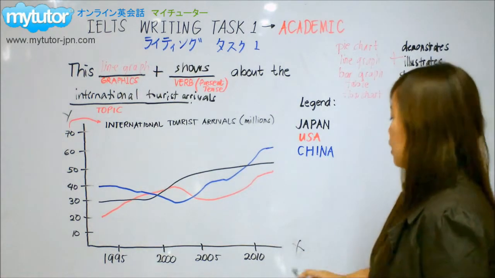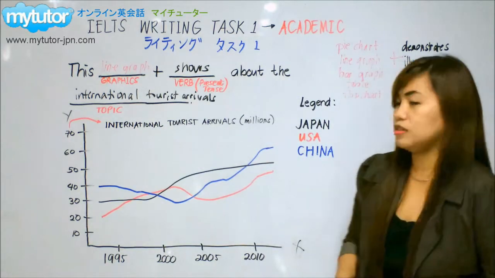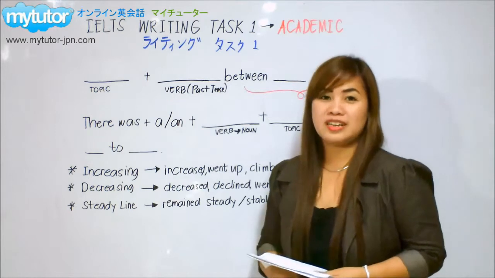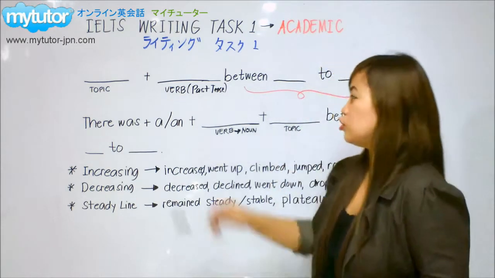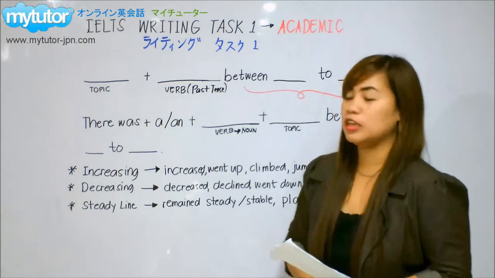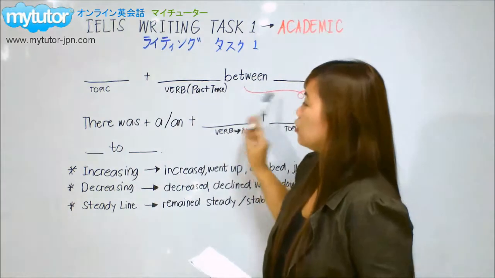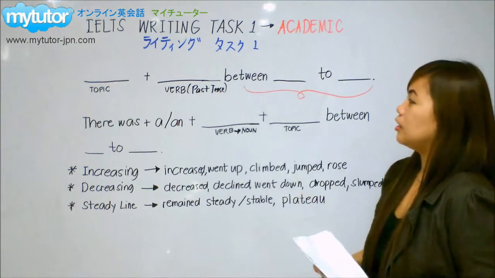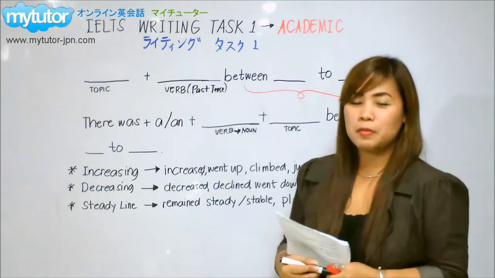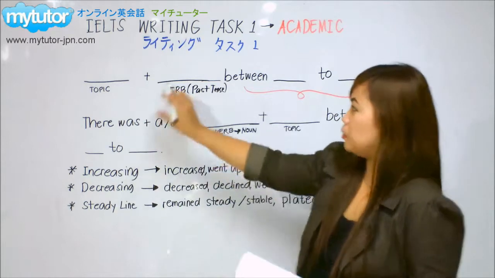Now, you have to take note of the information on the y and the x-axis. That is very important. In the second part of the introduction, which is our second sentence, we have two ways to write it. You can choose either way, whether this first sentence pattern or the second one. So here, topic. We were talking about international tourist arrivals, so we can put it here.